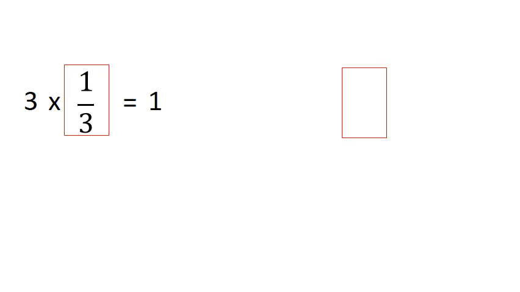Now let us have a quick recall of some basic concepts. 3 multiplied by what will give us the answer 1? The answer is quite simple: 1 by 3. Again, what multiplied by 5 will give us the answer 1?